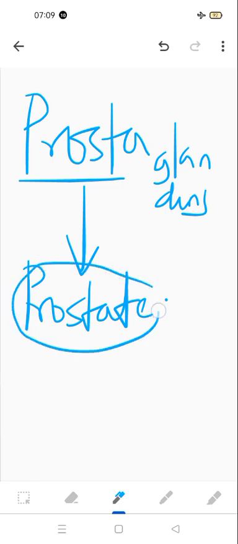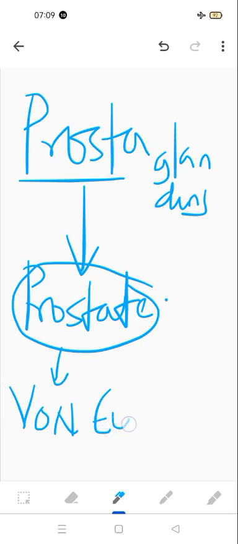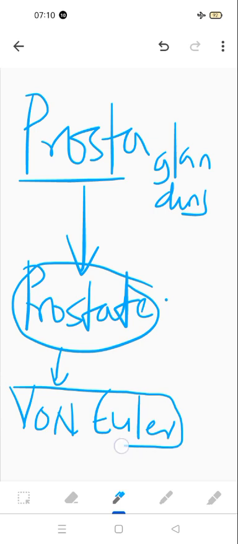They were discovered by a scientist called von Euler. Von Euler isolated these bioactive compounds from the prostate gland. He believed that these organic compounds can only be found in the prostate gland.